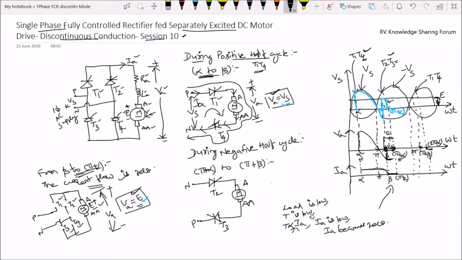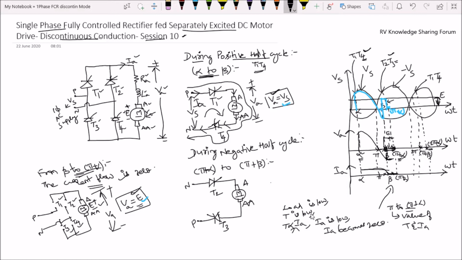Okay, so here we have assumed that at this point beta, the current is becoming 0. It is not necessarily that this current should become 0 at this angle only. It can become 0 here also or here also, somewhere from pi to pi plus alpha. This depends on the value of the torque and the armature current.